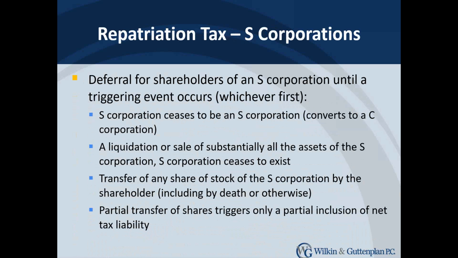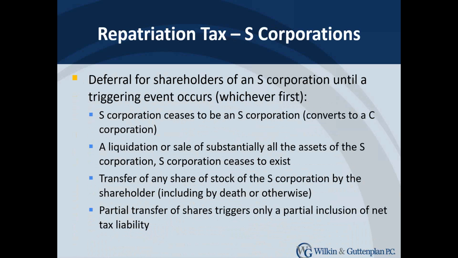So if you're a shareholder in an S corporation, you have earnings from a specified foreign corporation that have not been taxed in the past, you have the ability via an election to defer paying the tax. You still have to calculate the income and the tax due. However, you can defer it until a triggering event occurs.